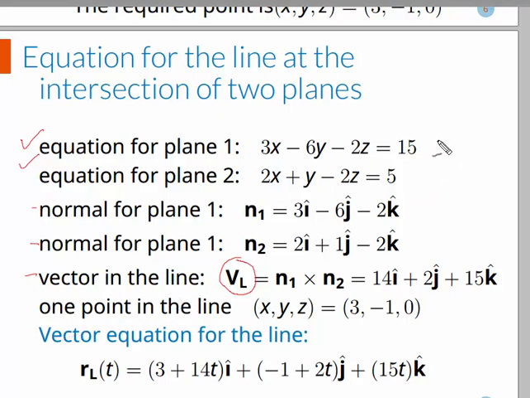For the 1 point in the line, we went back to these equations, we picked a value for z, found values for x and y, and end up with a point in the line. Our R naught is 3, -1, and 0, and from that, of course the 0 is here, we construct the vector parametric equation for the line in the intersection of these 2 planes.